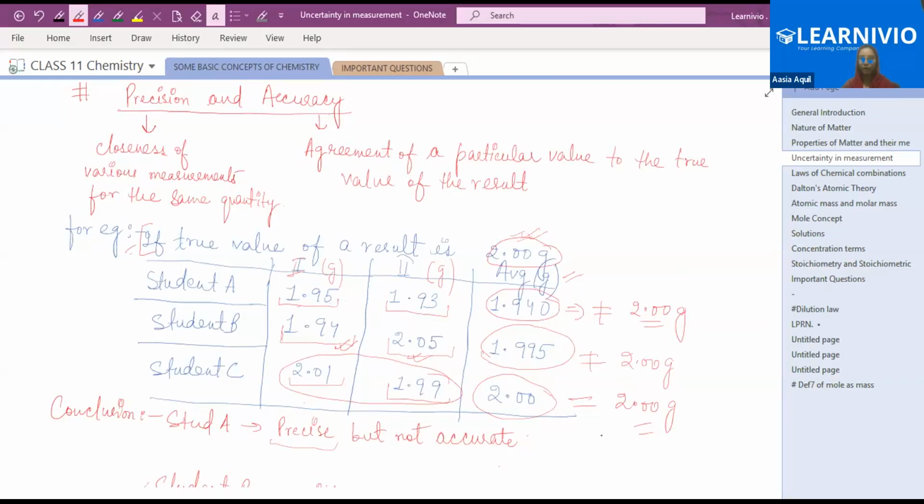Aisha, I remember one question has come from this topic in your exam also, right? Have you done it correctly? Precision and accuracy, have you done it correctly? Aisha, are you there?